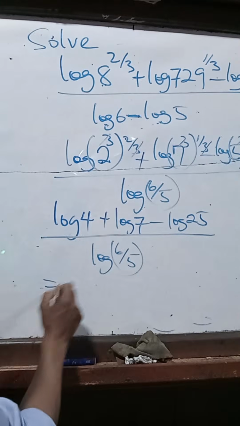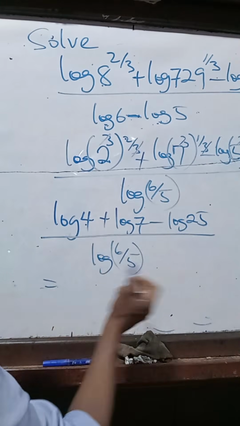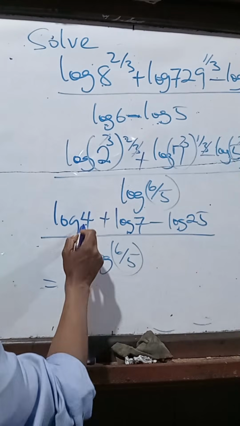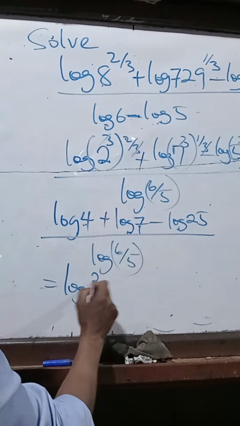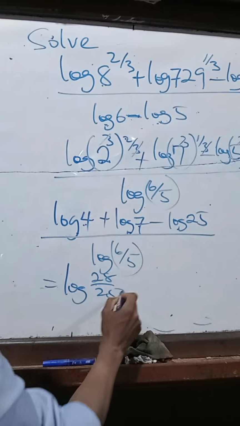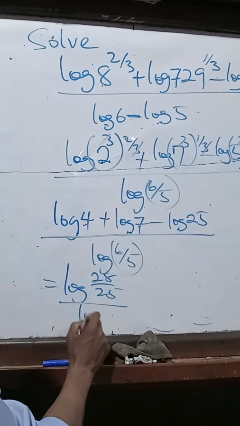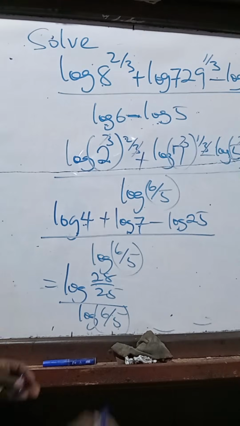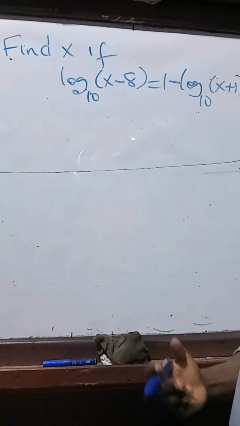Then we have this will be what? You can apply your logarithm. You have the same base. So that will be what? Log 4 times 7, that's 28 over 25 all over log 6 over 5. And I think that's that on that question.